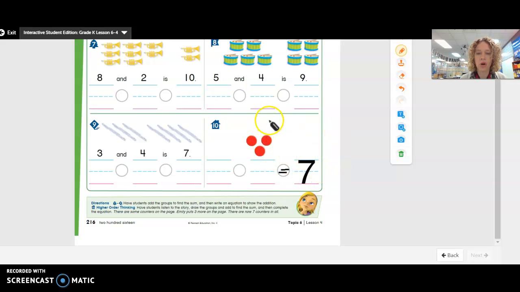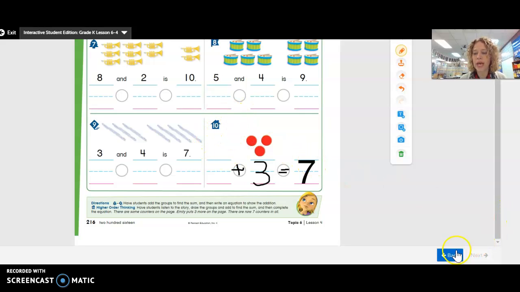So all together equals 7. So this is 3. What plus 3 equals 7? So you have to figure out that number and put that here. All right. So we know how many counters she had in this group.